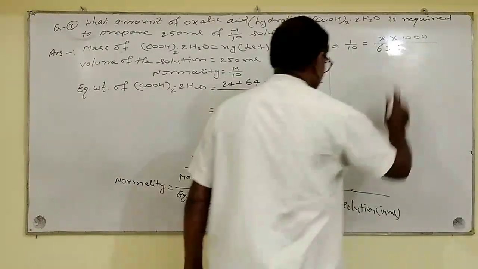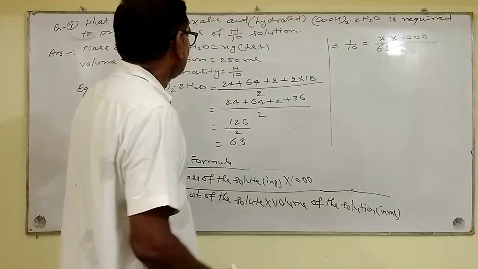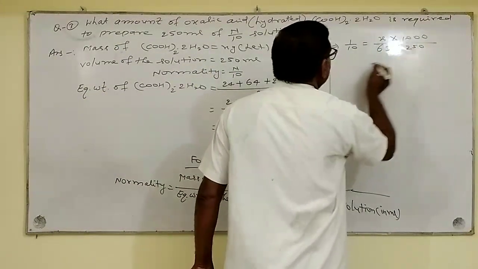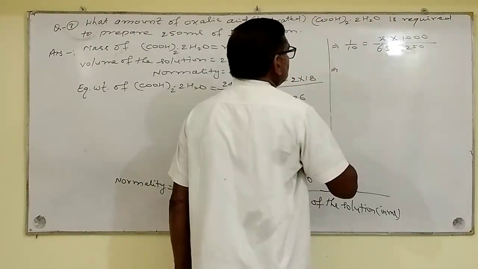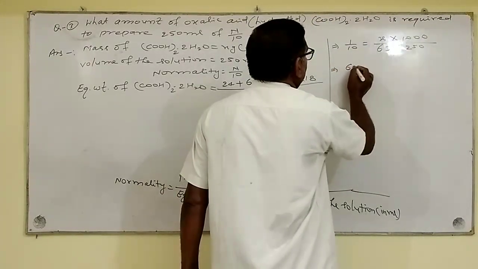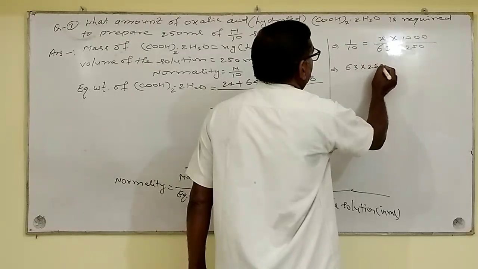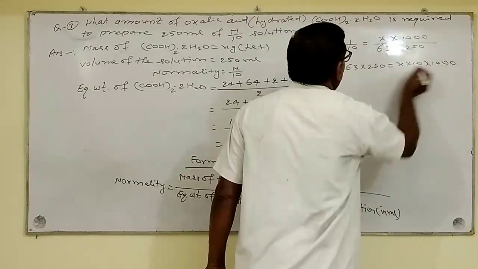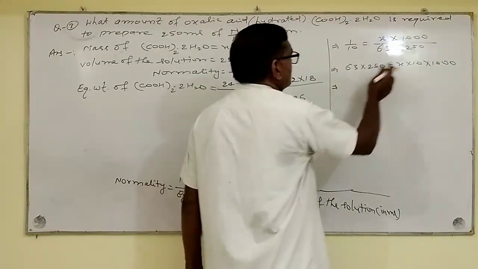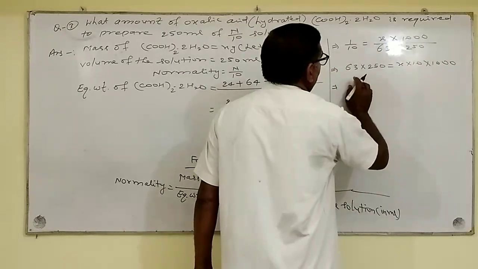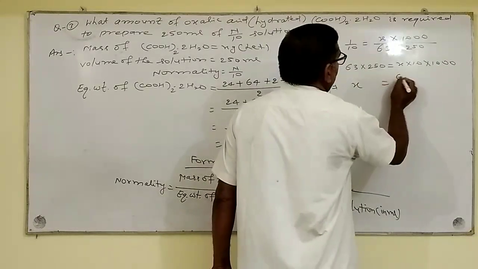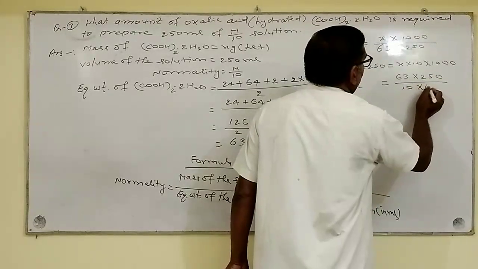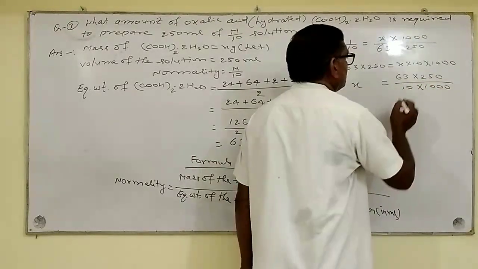Here we write 63. Volume of the solution is 250. We write 63 into 250, x into 10 into 1000. These are moved here. X is equal to 63 into 250 into 10 upon 1000.